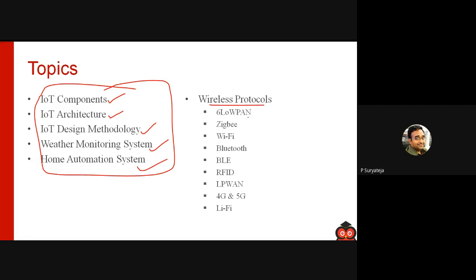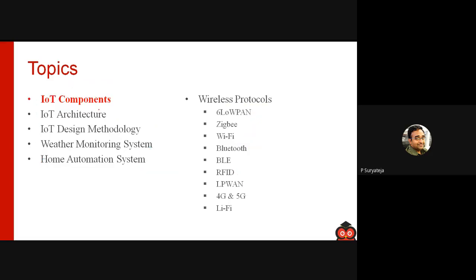We will look at 6LoWPAN, Zigbee, Wi-Fi, Bluetooth, Bluetooth Low Energy, RFID, LPWAN, 4G and 5G, that is cellular technologies, and the last one is Li-Fi. These are the various things that we are going to learn in Unit 2. First of all, we will be starting with IoT components.